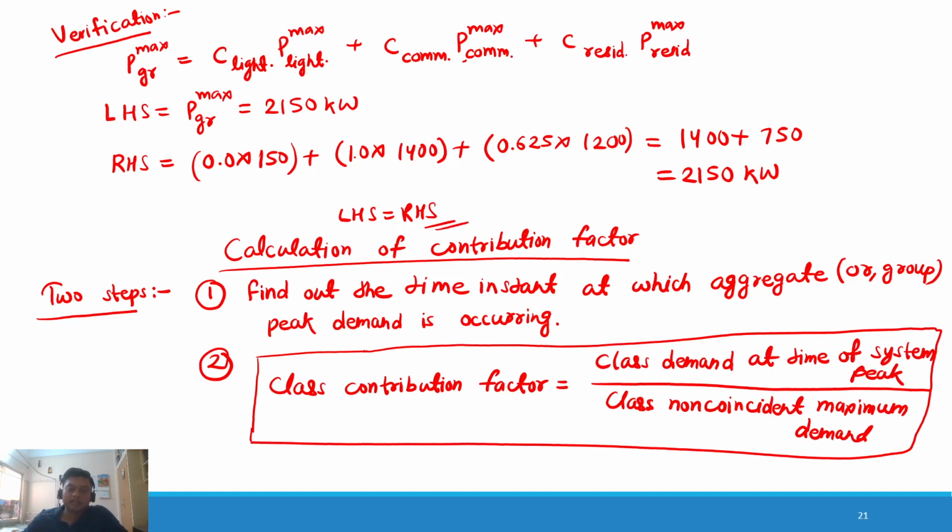Having found the time instant, you just put in this formula, where you take the power demand at that time instant and divide it by the class maximum demand. Just use this one. I hope it is clear to all of you.